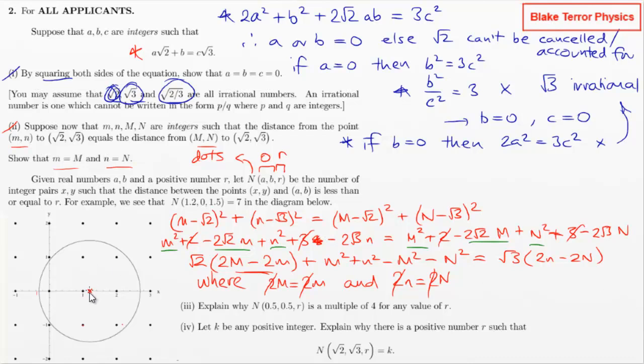Right, so in this case, 0.5, 0.5 is the center of the circle. So that's going to be right in the middle of that little square of points. And then for any value of r, as r increases, well, this is equidistant from these 4 points, so it'll hit those ones.